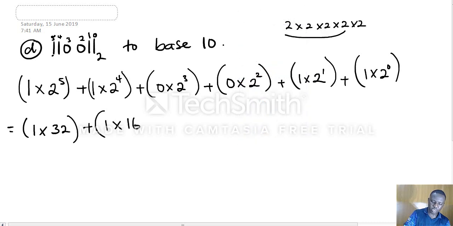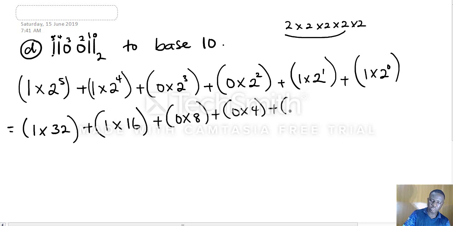So 2 raised to the power 4 is 16, plus 0 times 2 raised to the power 3, which is 8, plus 0 times 2 raised to the power 2, which is 4, plus 1 times 2 raised to the power 1, which is 2, plus 1 times 2 raised to the power 0, which we said is 1.